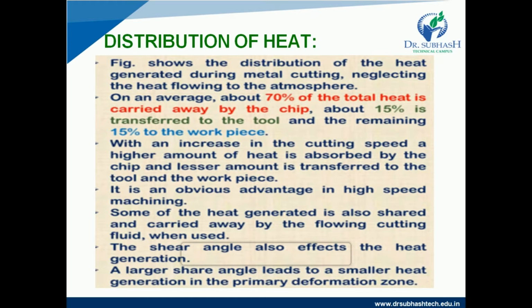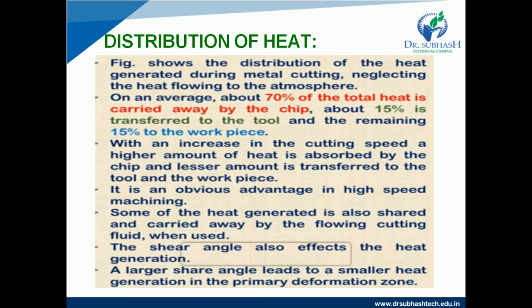If we neglect the heat flowing to the atmosphere, then the calculation is like that: 70% of the total heat is carried away by the chip, about 15% is transferred to the tool, and the remaining 15% to the workpiece. Right?